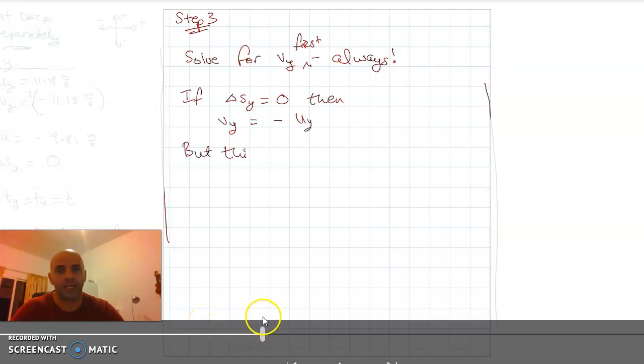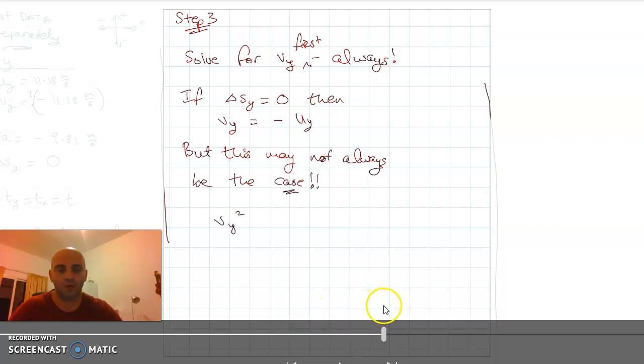Like I said, in the special case where the displacement in the y direction is 0, the final velocity in the y direction will be the negative of the initial velocity in the y direction. But this may not always be the case because there may be a height difference between where you start and where you finish.